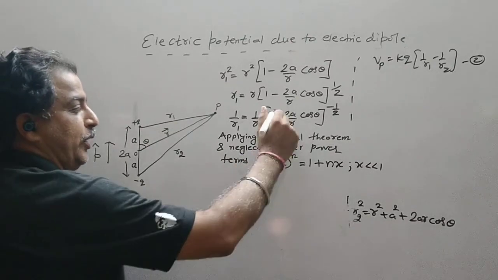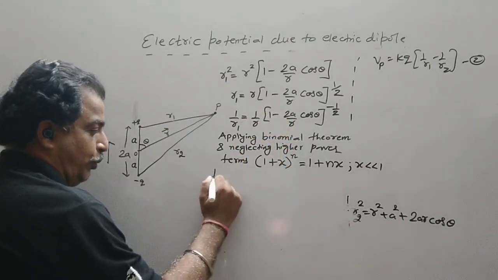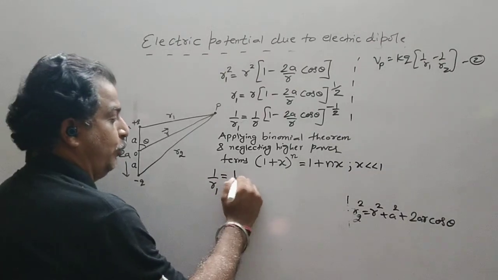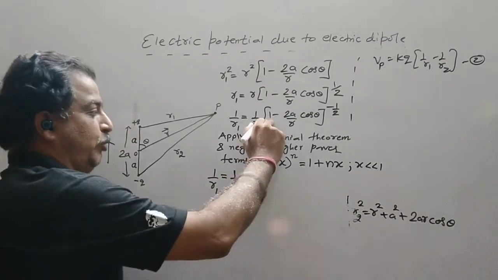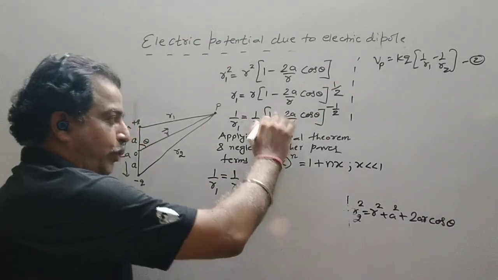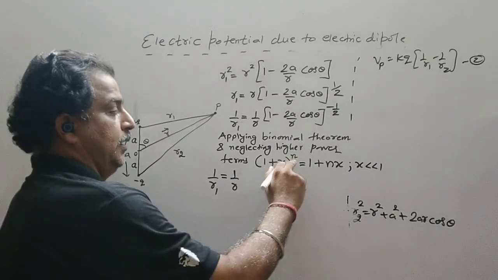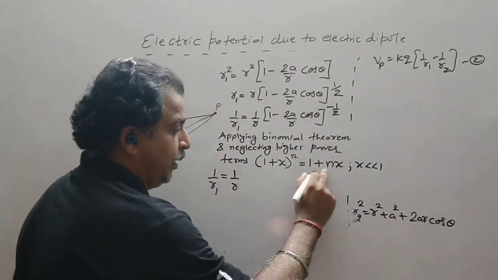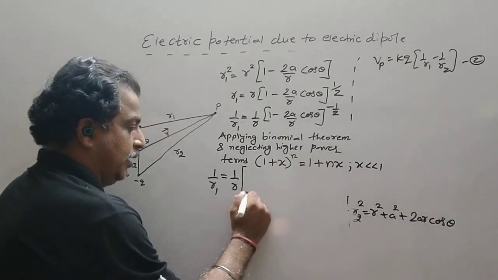Now compare these two equations. So 1 upon R1 is equal to 1 upon R times 1, and in the place of plus we have minus, so we keep it minus. N is minus half. Now the expansion is 1 plus nx, so here it becomes 1.